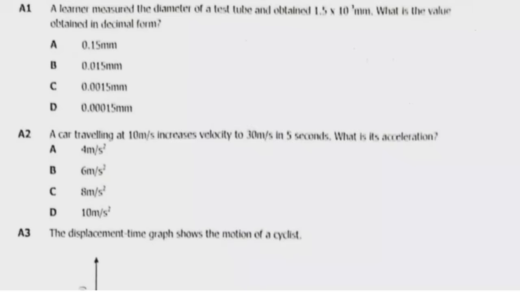What we need to do is write the number that the learner found: 1.5 times 10 raised to the power of -3.